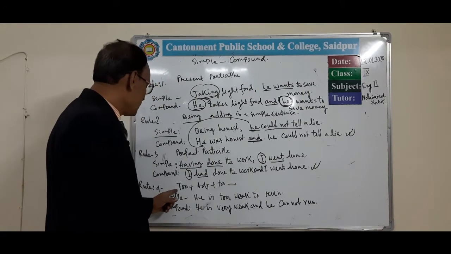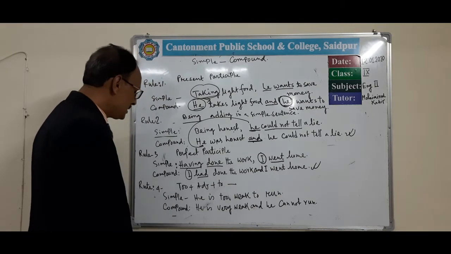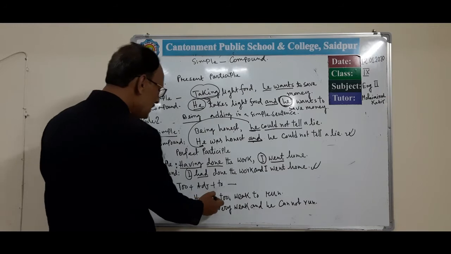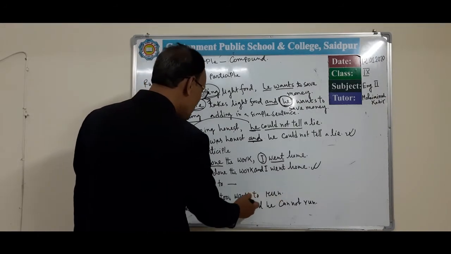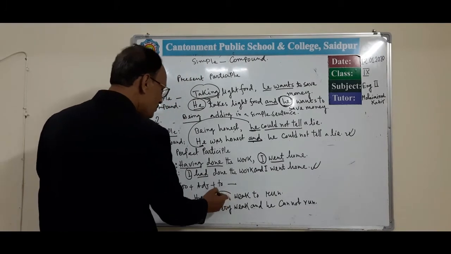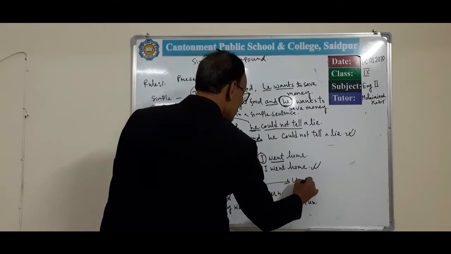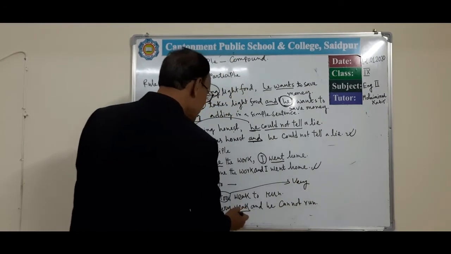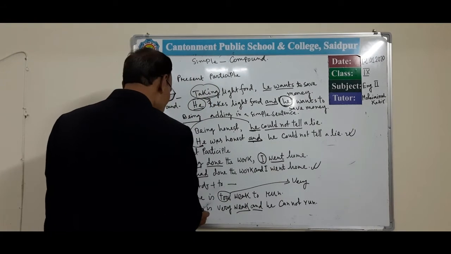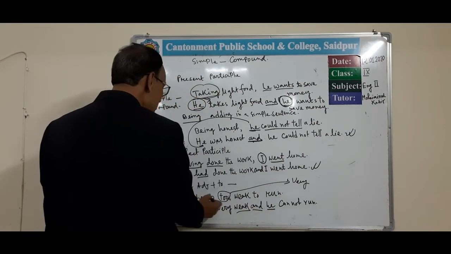Next, too plus adjective plus to. How can we transform it into compound form? Simple sentence: he is too weak to walk, too weak to run. In that case, instead of too, we use very, then the adjective, then we add and, and again we use the first subject he.